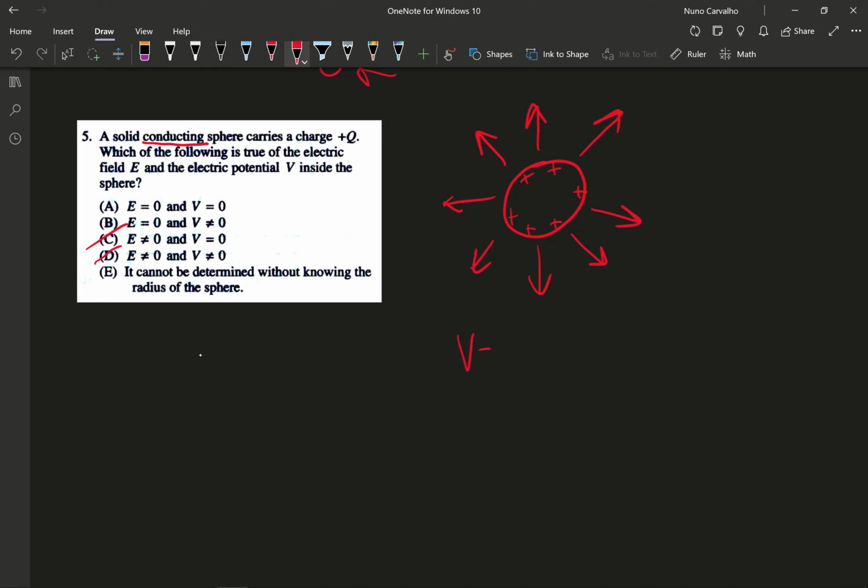You can either think about potential as the integral of E dx, and you can imagine as you're going from infinity here out to closer to the center, to the inside of the sphere, that's definitely going to take some voltage, and so the voltage will not be zero. Another way to think about it is this whole sphere can be approximated by the formula that's in your formula sheet, which is like so. And so either way, there's definitely a voltage there that's not equal to zero. So the answer choice here that's correct is going to be B.